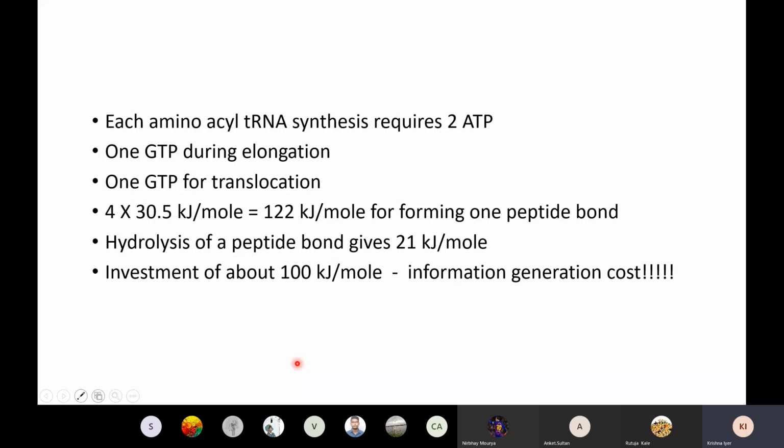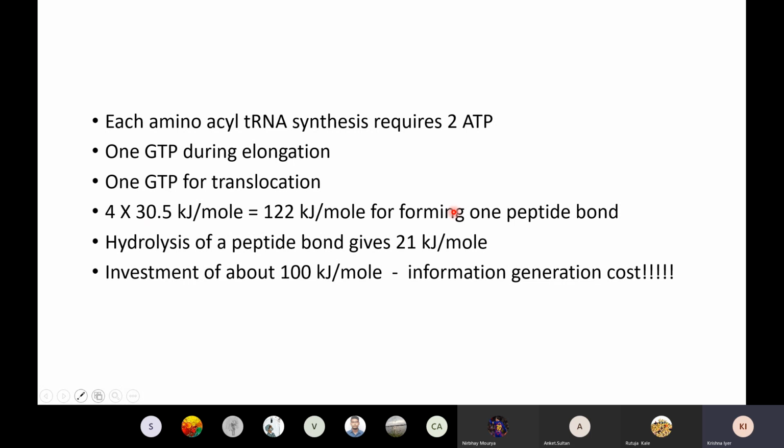And then when the ribosome moves along the mRNA to go to the next codon, which is called translocation, that also requires 1 GTP. So in essence, 4 GTPs are used to make 1 peptide bond. Now if you remember the free energy for ATP hydrolysis, it basically means I'm putting in 122 kilojoules per mole to form a peptide bond.